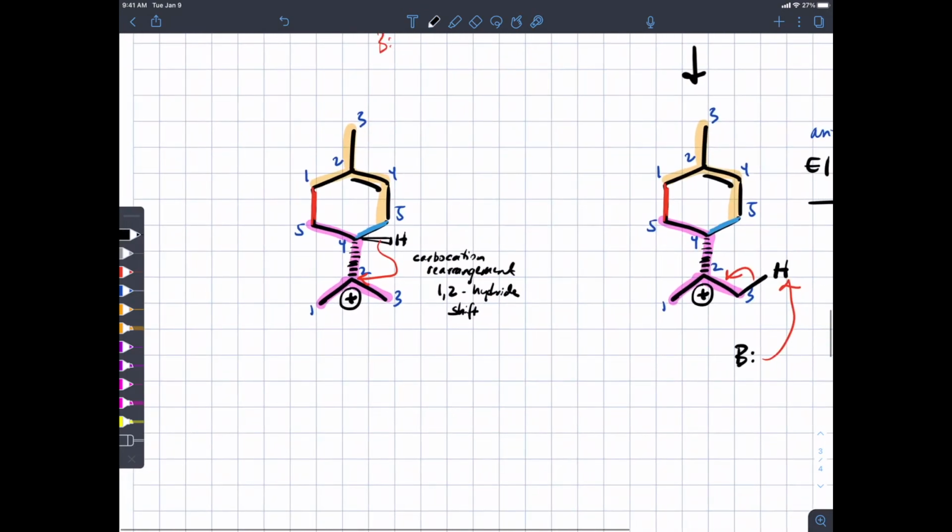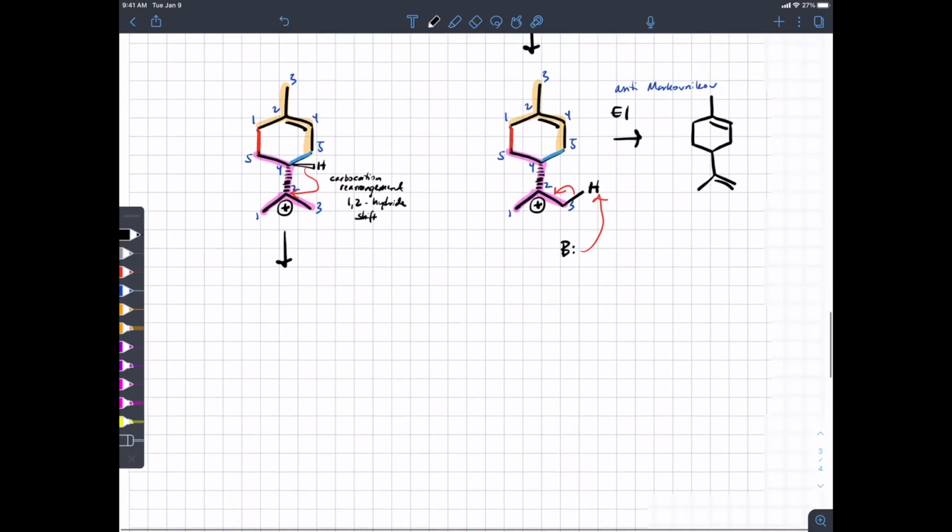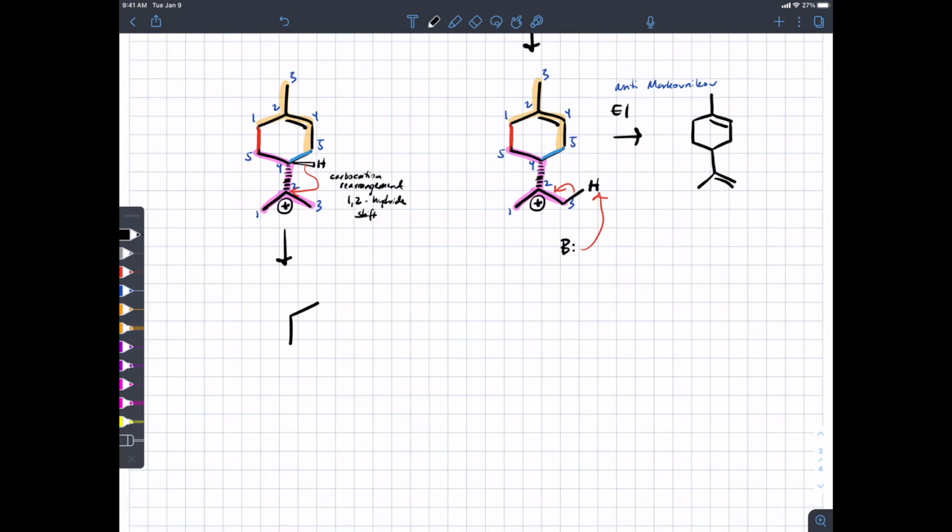So if we did that 1,2 hydride shift, what would that get us? Well, the hydrogen is there, and then the positive charge is on that carbon. It's one tertiary carbocation for another, so we'd expect that to be an equilibrium step.